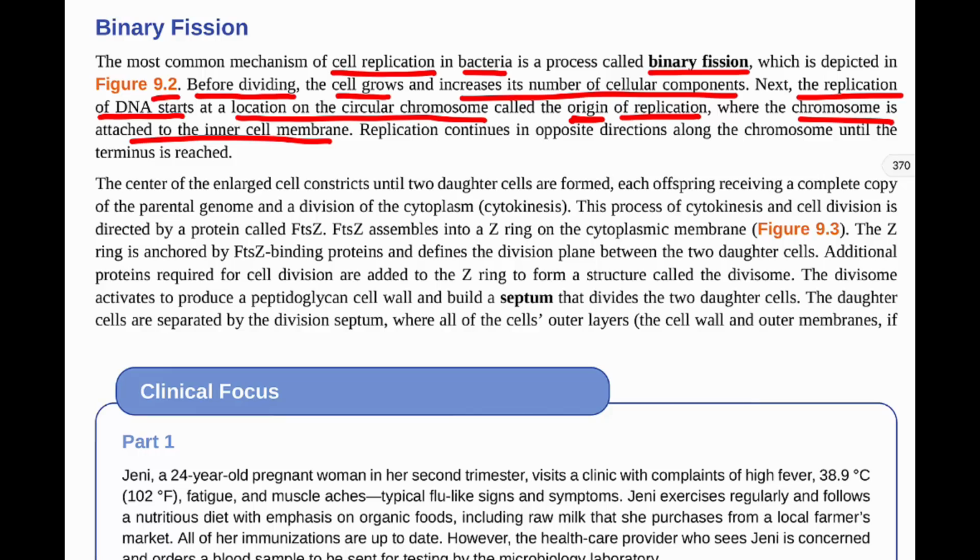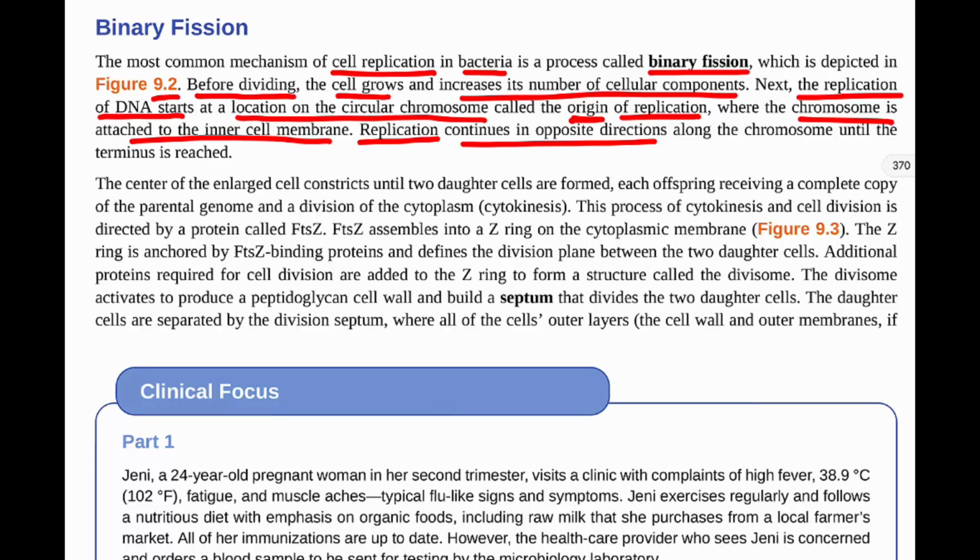So then replication is going to continue, and if you don't remember replication specifically, you can look at the previous chapter. In Chapter 8 it talks about replication, but you should also remember that from previous courses. So we have our origin of replication, and then replication is going to continue in opposite directions along the chromosome. So we have a circular chromosome. It's going to start in one spot called the origin.